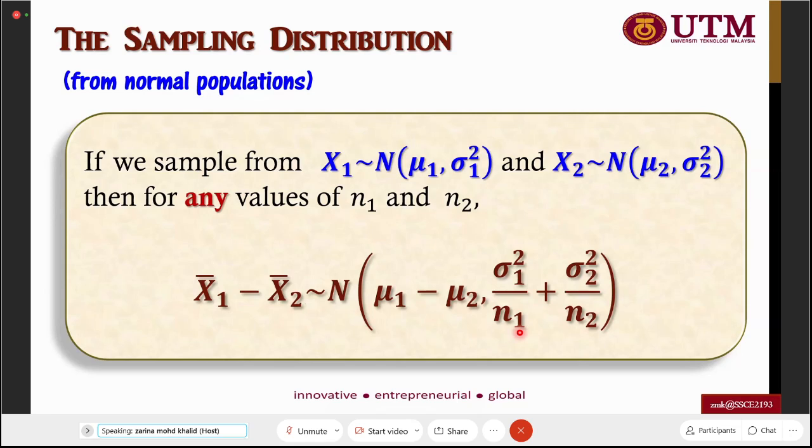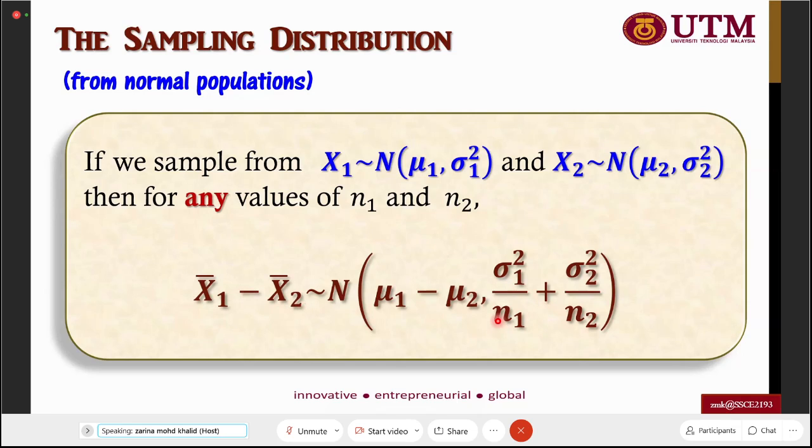But mathematically, when you talk about the variance of X bar 1 minus X bar 2, if you expand the variance, it will be like the variance of X bar 1 plus the variance of negative X bar 2. And that negative, if you take it out of the variance, will be squared. So that's why you have the variance of X bar 1 plus the variance of X bar 2.